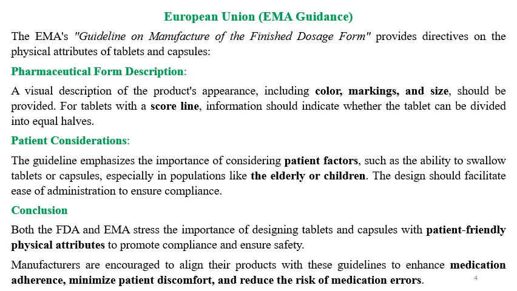So there should always be a complete description of the physical attributes like appearance, color, embossing, debossing, size and score lines so that the patient will understand how to take it. Formulations for oral administration should be easy to swallow and should not be too large, as it may affect swallowing by patients like elderly, geriatric patients and children.